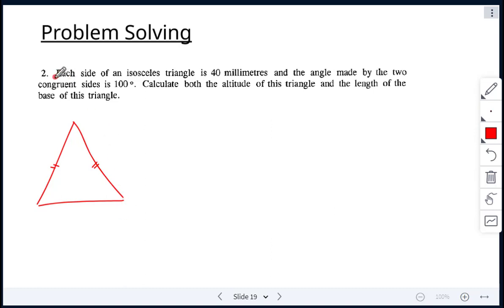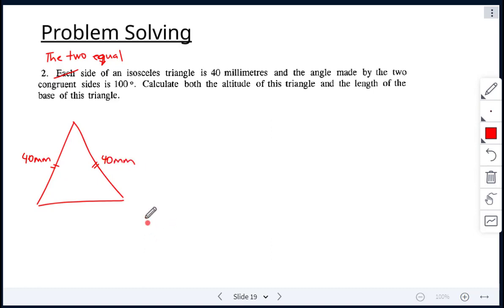All right, so we should say that the two equal sides is what we should say here for that question. Okay, so the two equal sides of an isosceles triangle are 40 millimeters. So that means this here is 40 millimeters, and this here would also be 40 millimeters.